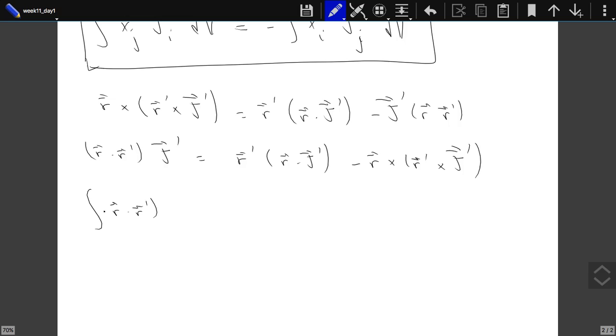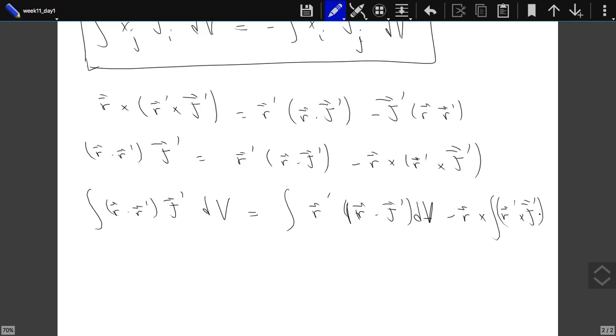So if you look at, for example, r dot r prime multiplied with j prime, integrated over the volume V, this is equal to the integral of r prime r dot j prime, minus the integral over V of r cross r prime cross j prime.